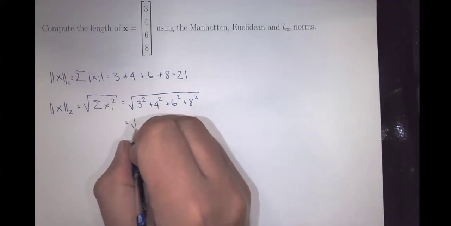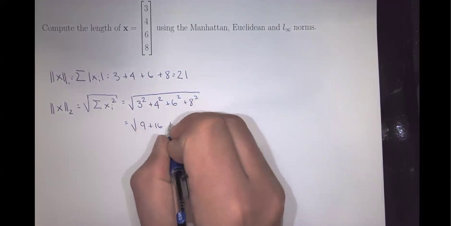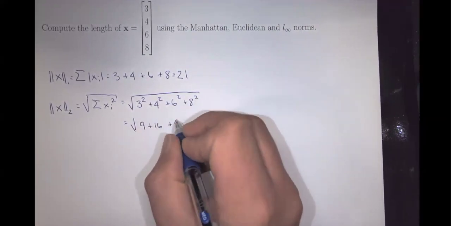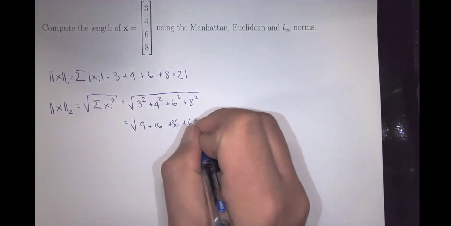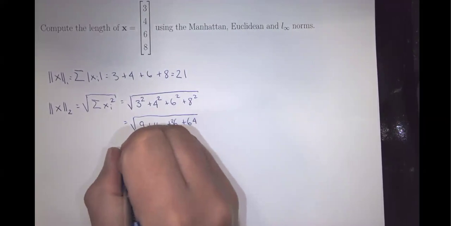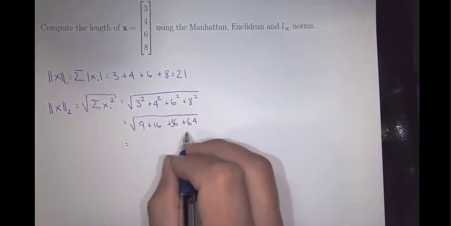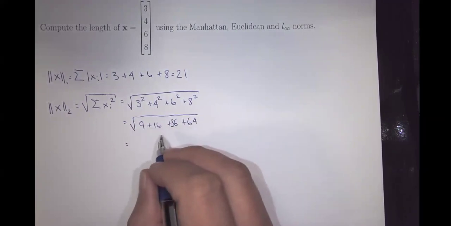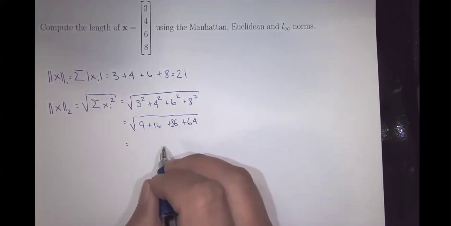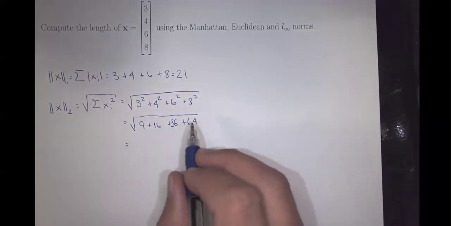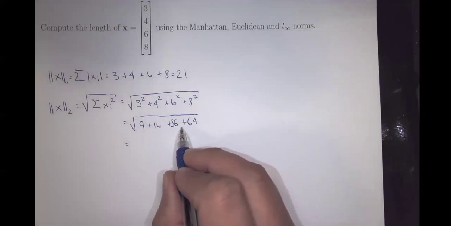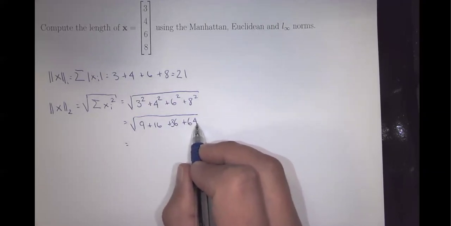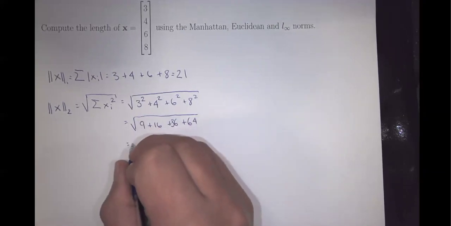Okay, so that's root 9 plus 16 plus 64 plus 36. And if we add those up, 64 and 36 is 100. So 30 and 60 is 90, 100, 125.